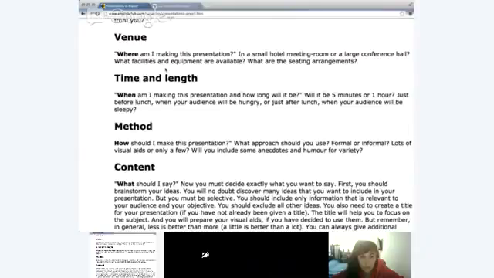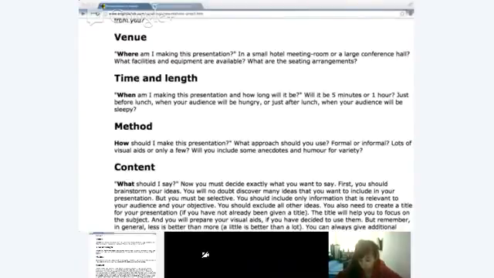In a small hotel, a meeting room, or a large conference hall? What facilities and equipment are available? What are the seating arrangements? Arrangements. That's like the order of things.